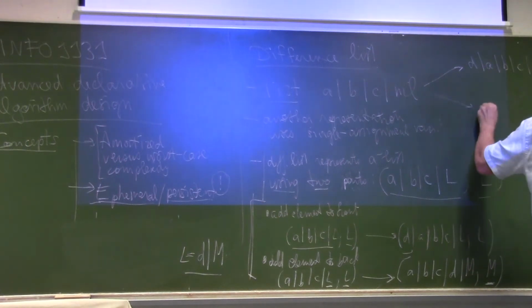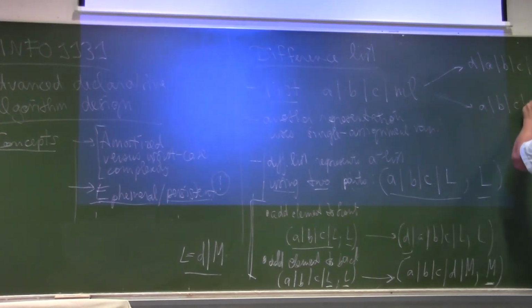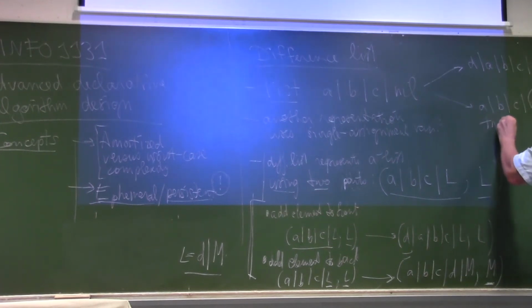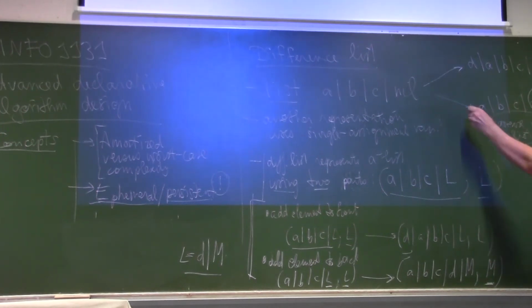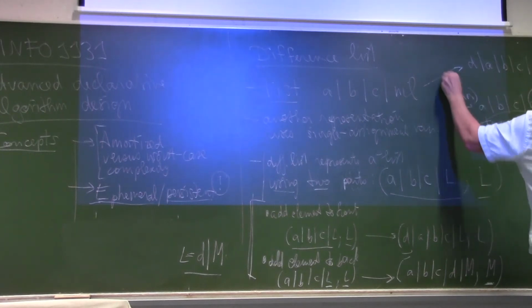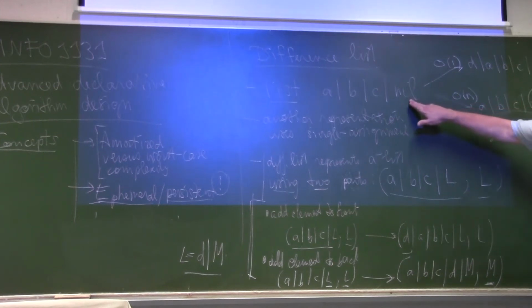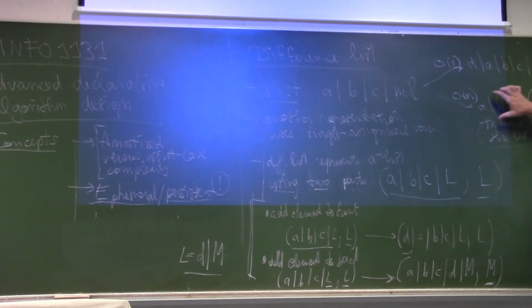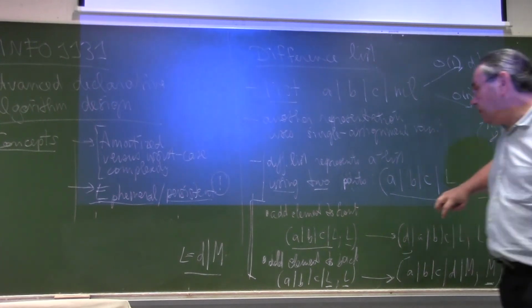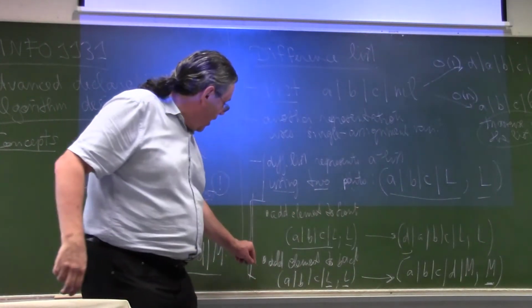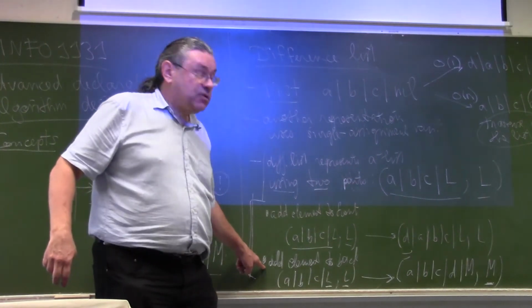But if we want to add an element to the back, we have to traverse the whole list. So this will be order n, where n is the length of the list. So the regular list representation, adding an element to the back, is expensive. Whereas in a difference list representation, adding an element to the back is constant time.